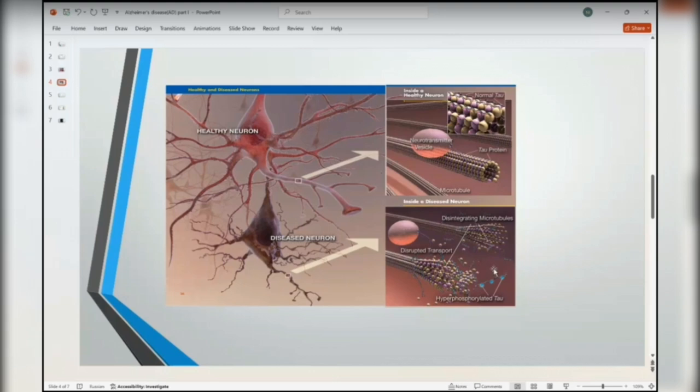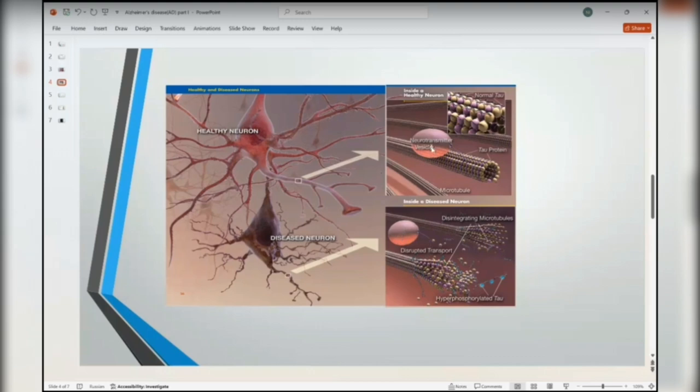These detached tau aggregates disrupt cellular function, as you can see here. In a healthy neuron, tau protein binds to microtubules to maintain their integrity and enable efficient intracellular transport.